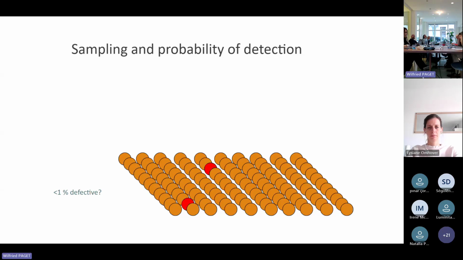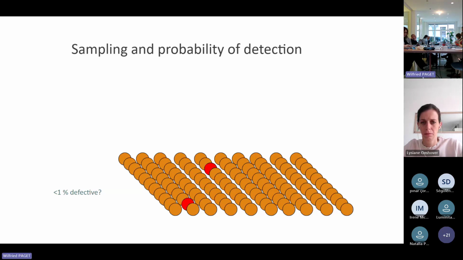So now suppose you have here 100 samples, and you have less than 1% defective, and you have a sample size of 3. So the chance of finding a non-conforming unit will be very, very low.